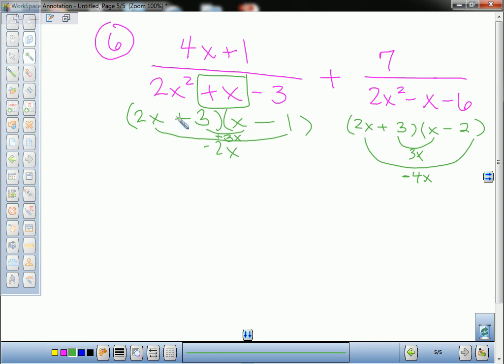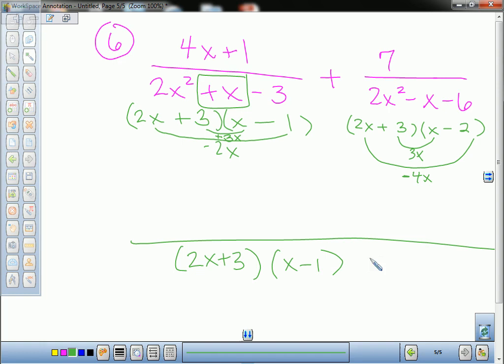Yeah, these both have the 2x plus 3 in common, don't they? All right, so common denominator. Gotta have a bunch of stuff. They have the 2x plus 3 in common, so we only have to list it once. Then this one has an x minus 1. This one has an x minus 2. Common denominator is ugly.